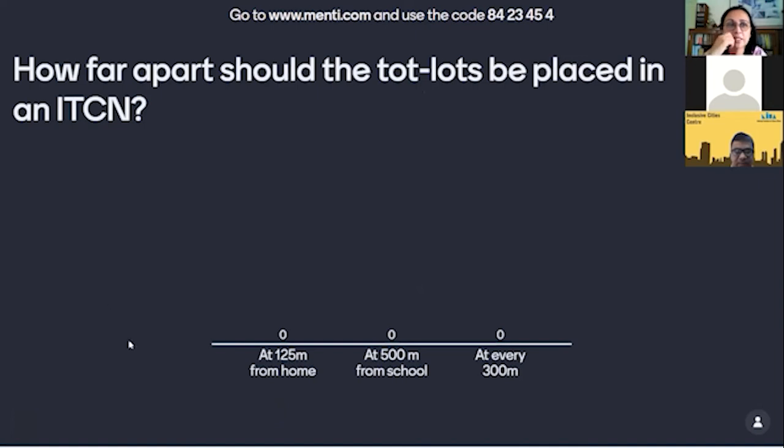Please refresh your screen again. You'll be able to see the next question, which is how far apart should the tot lots be placed? Tot lots are the smallest size of open spaces that we saw, right? How far apart? कितना दूर एक दूसरे से ये हो सकता है? At 125 meter from home, or at 500 meters from school, or they should be at every 300 meters.